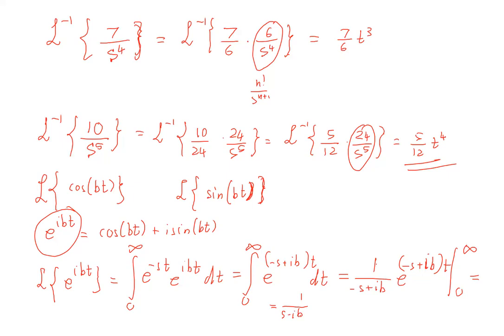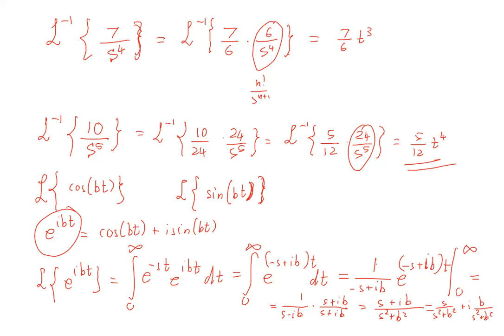And now what you do is you multiply and divide by the conjugate quantity, and this will be s plus ib over s squared plus b squared. And you can break it into real part, s over s squared plus b squared, plus i times b over s squared plus b squared. And that's it.